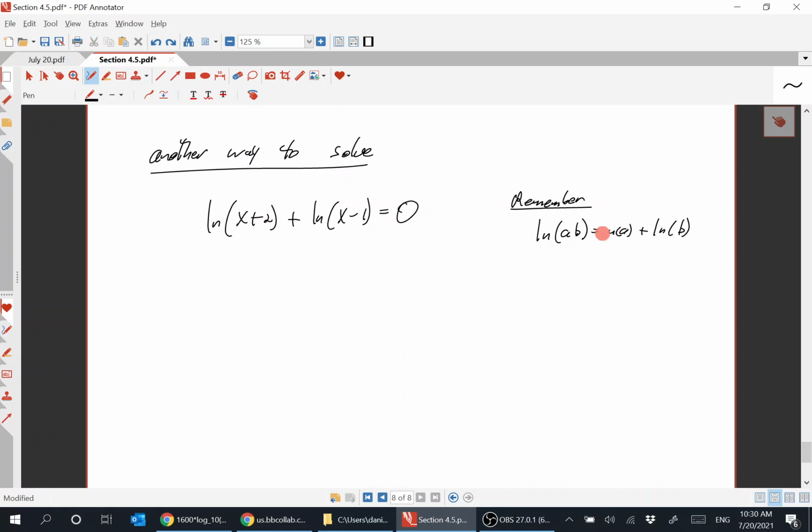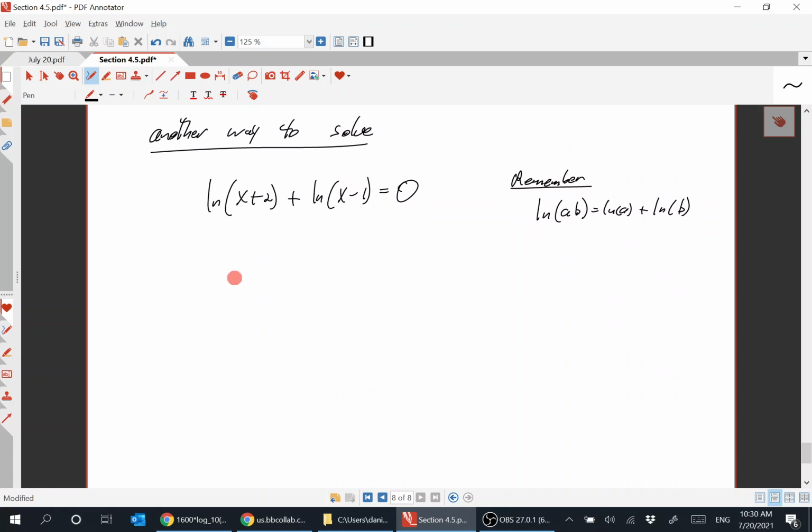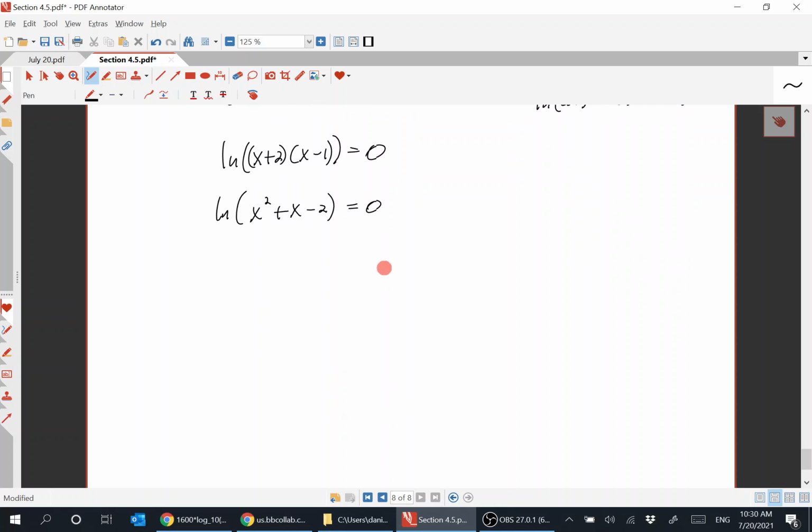So let's apply that in this case. Here we're doing it in reverse. Natural log of x plus 2 plus natural log of x minus 1 equals 0. So this is the natural log of x plus 2 times x minus 1 equals 0, so natural log of x squared plus x minus 2 equals 0. Now we'll apply the exponential function to each side.